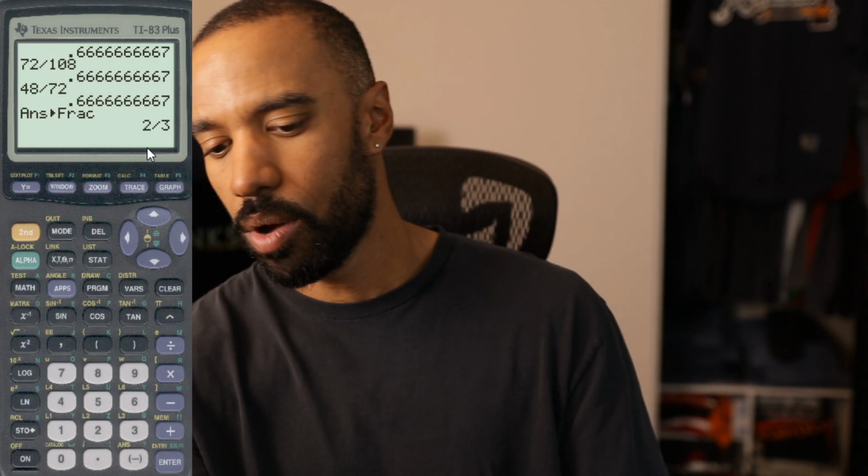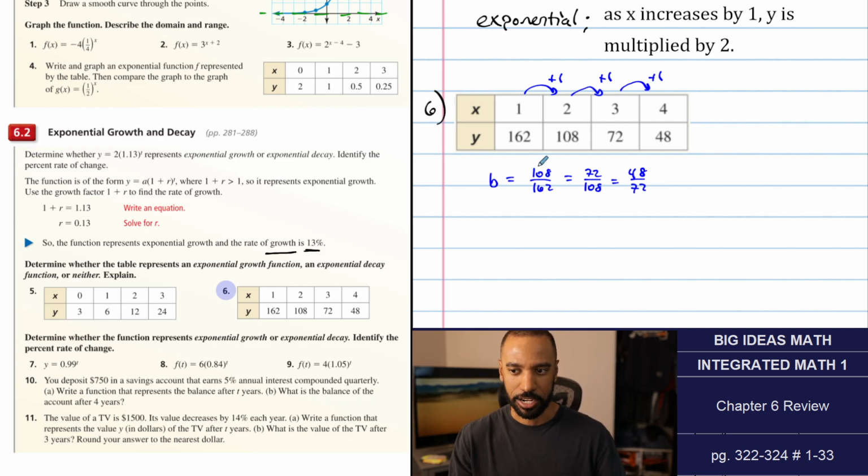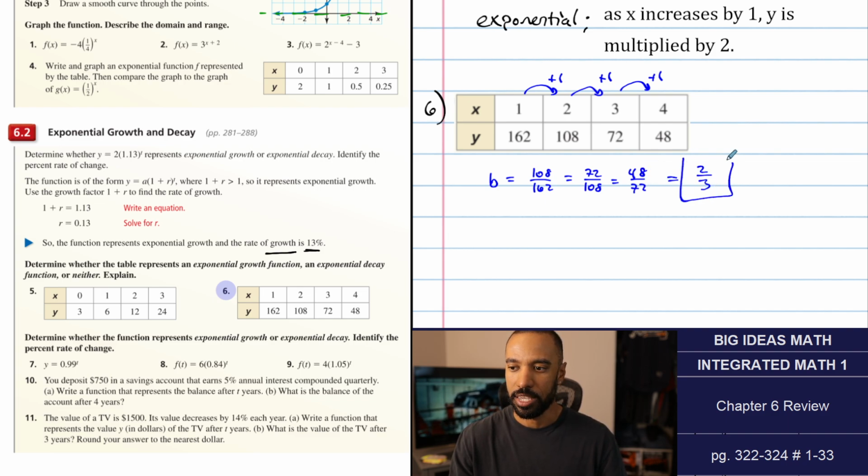And this other one's also 2/3, 48 over 72. So this is what we're multiplying by each time. By the way, that fraction equivalent is indeed 2/3. So that is what we're multiplying by each time. I would prefer you tried fraction reduction, divide these by 54, divide these by 36, divide these by 24. You do get 2/3 for each of them because of that constant rate.